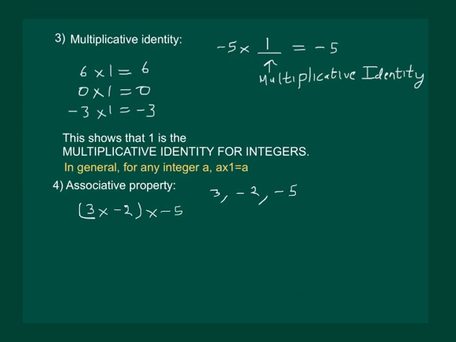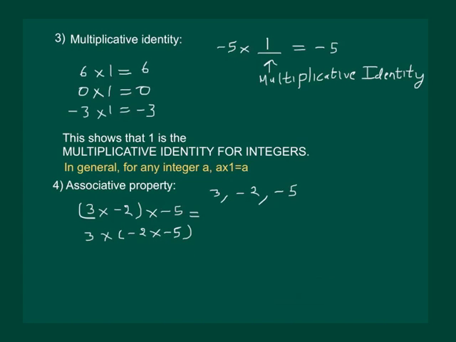Or the other group can be, we can group minus 2 and minus 5 together and multiply by 3. If the grouping does not change our answer, then we will be in a position to say that integers are associative under multiplication. So let us check the answers for these two groupings.